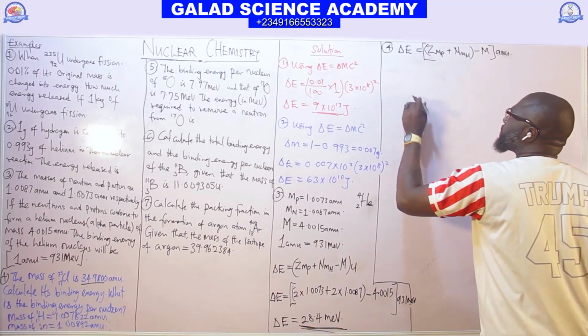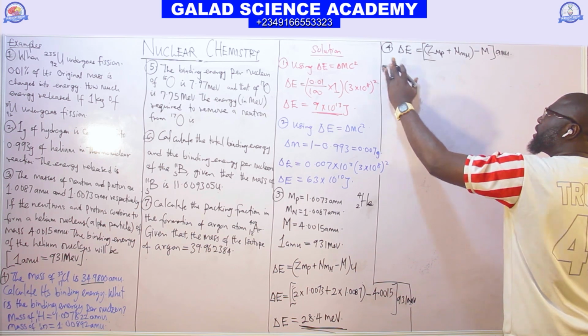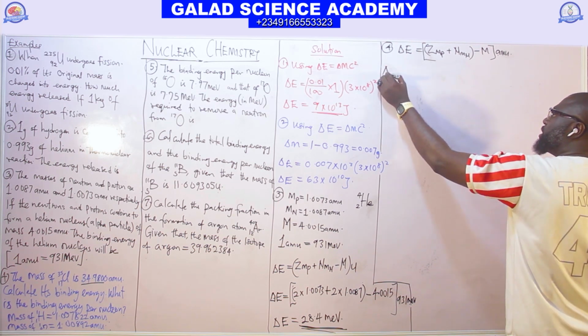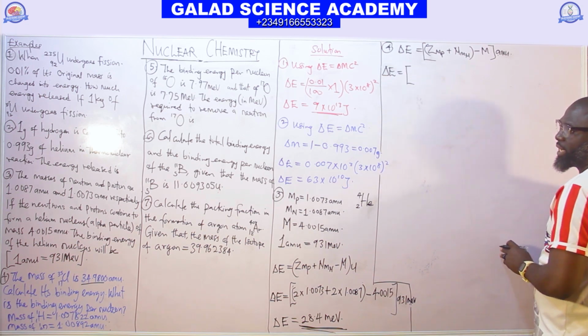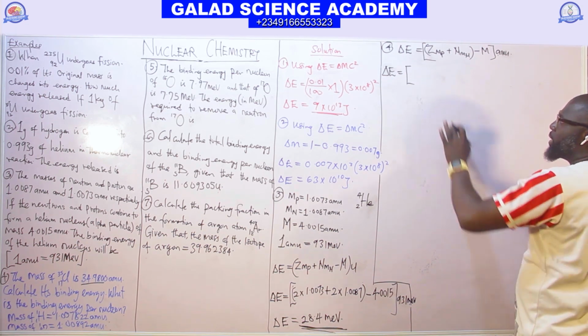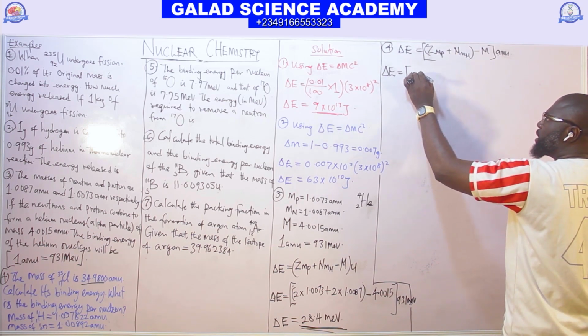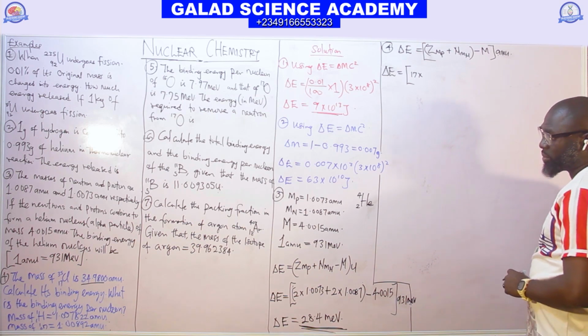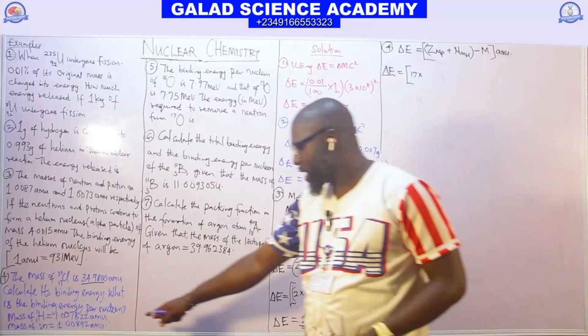It should be the binding energy, the change in E. Equal to what? The number of protons, 17, multiplied by the mass of proton. Same thing as this one, and we are given it here.